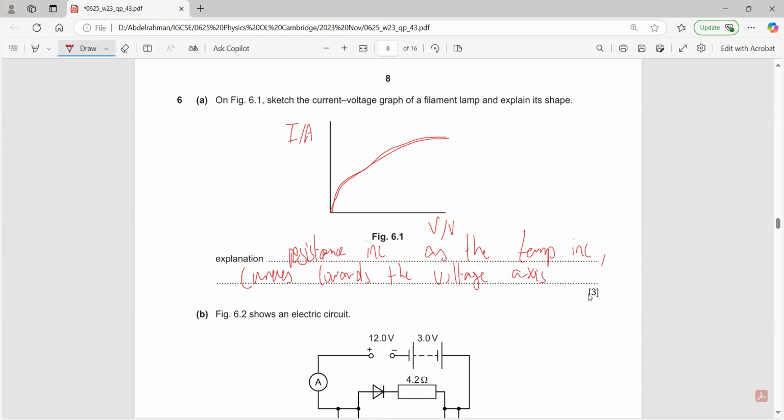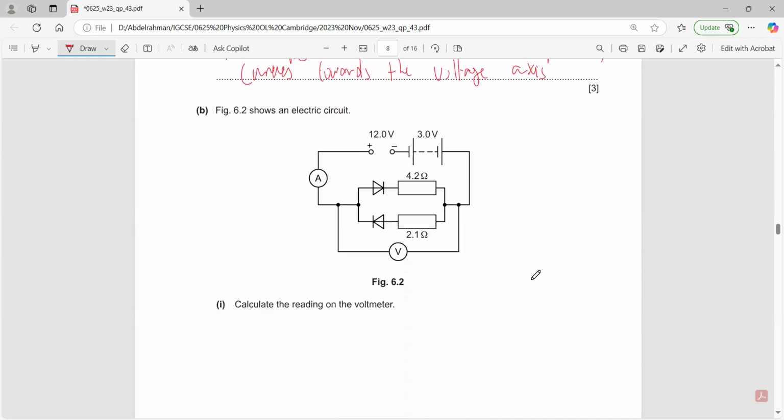If the voltage was on the y-axis, it would have curved upwards.